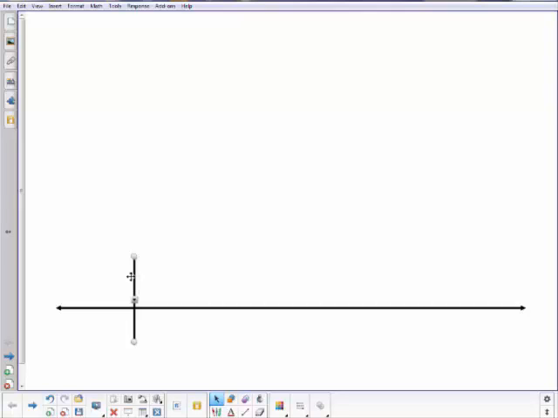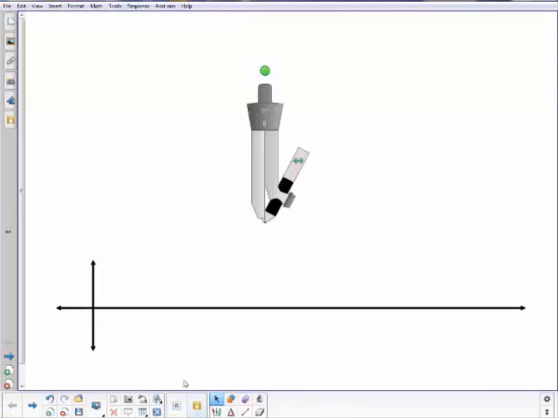So what I've done is I have located a place to start my line. And now I'm going to mark off 5 equal segments along this line, starting from this working point here, through the use of a compass. So I'll bring my compass up here.